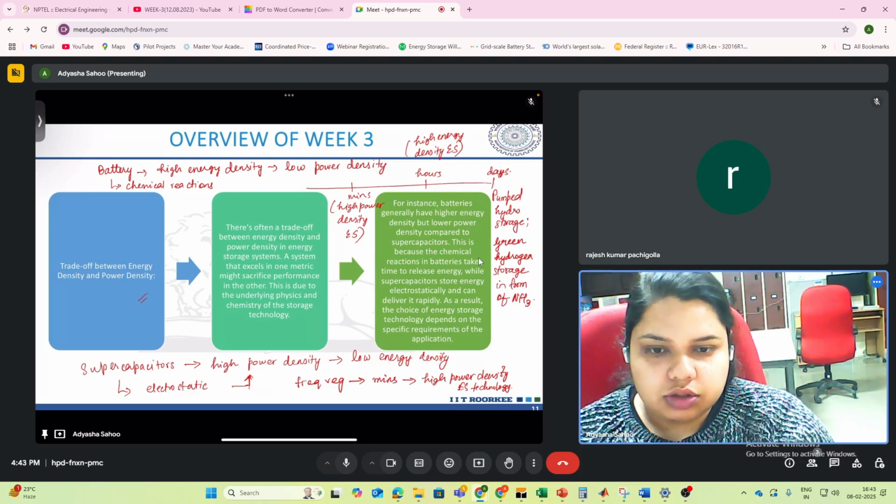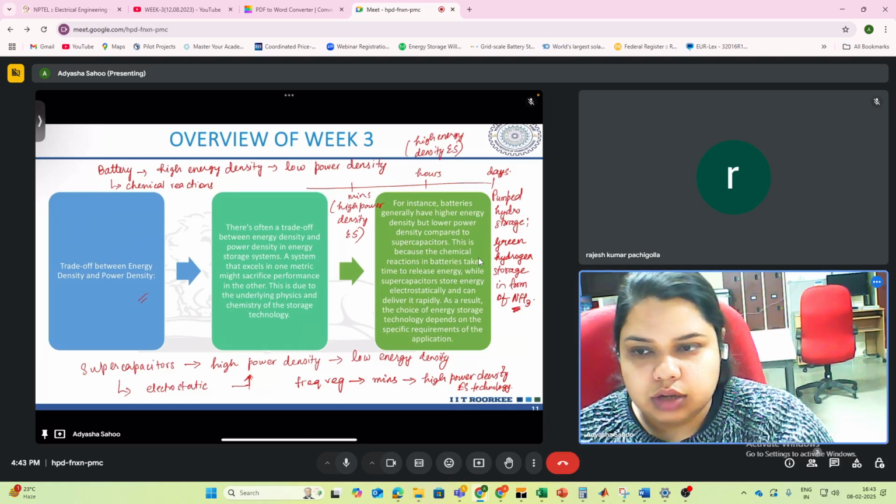First you dissociate the water and then you convert it into ammonia and store it in ammonia tanks for longer duration, and when you need electricity you can convert this ammonia back to electricity with the help of a fuel cell. So for longer duration this ammonia storage is now getting popular.